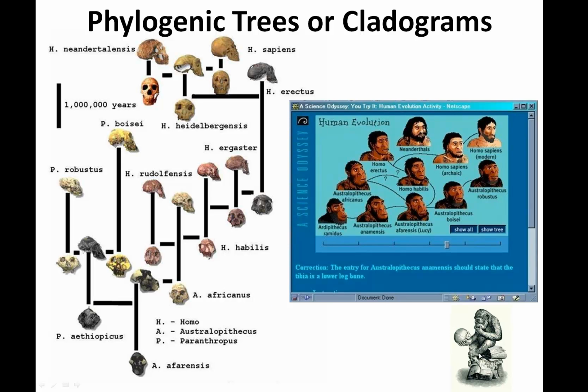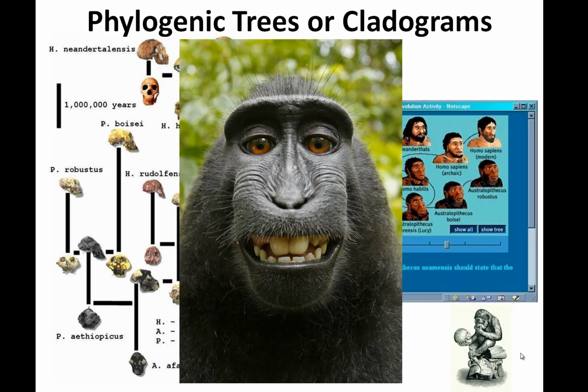Then I had to throw this other picture in here just because I wanted to show you the intelligence of primates. This was actually taken, I think, 5 or so years ago. This is 2013.